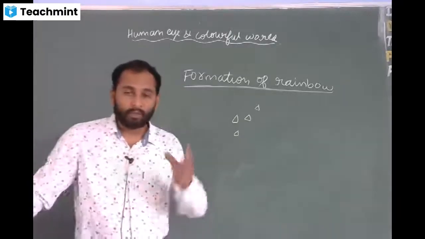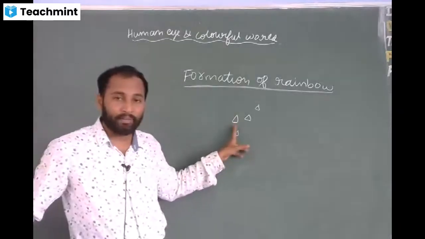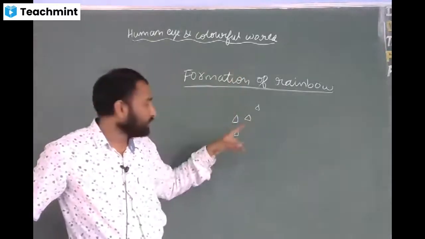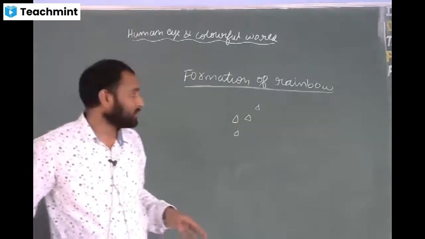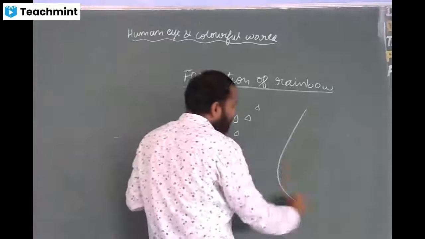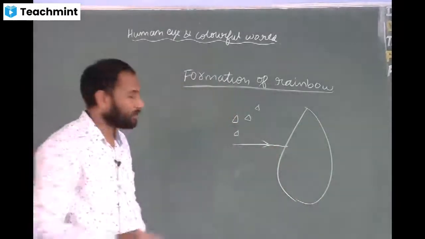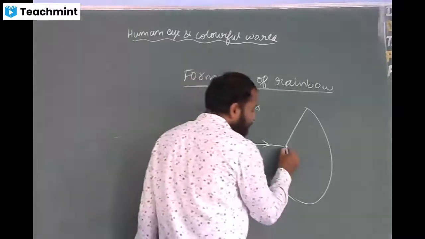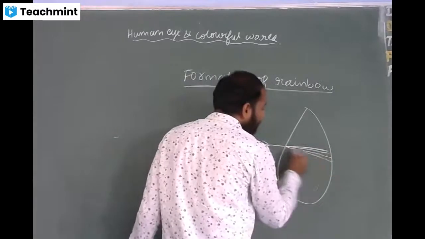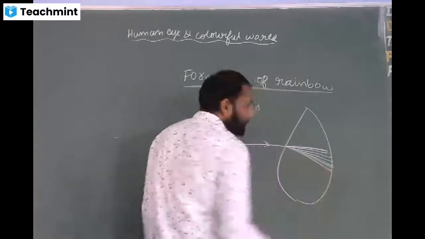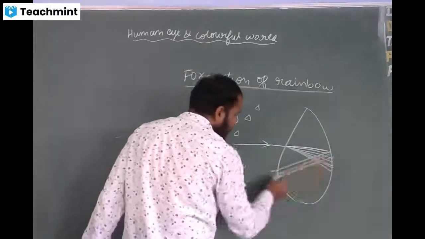After the rain shower, the rain droplets will be hanging in the atmosphere. These tiny water droplets act like a prism. I will take one droplet. Once the sunlight enters it, first it will refract, then it will disperse, then it will reflect the rays internally.